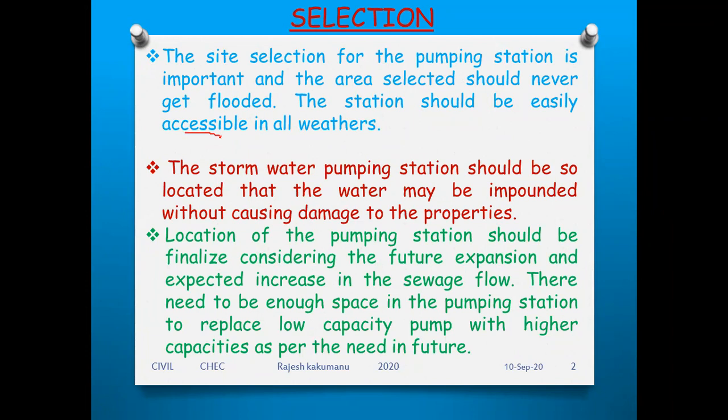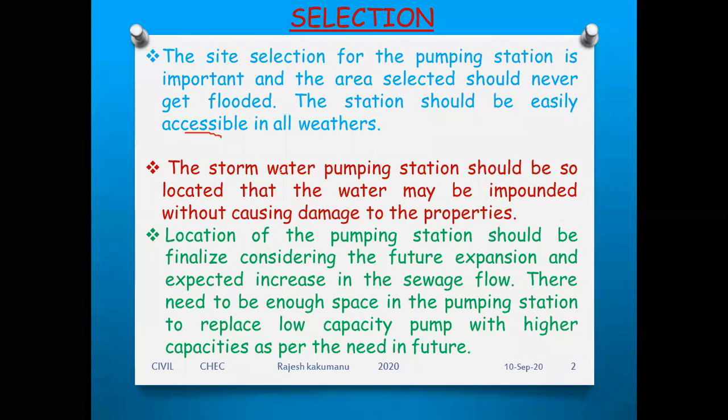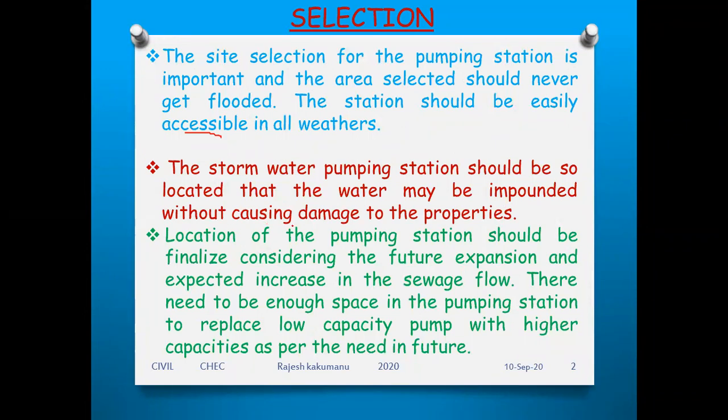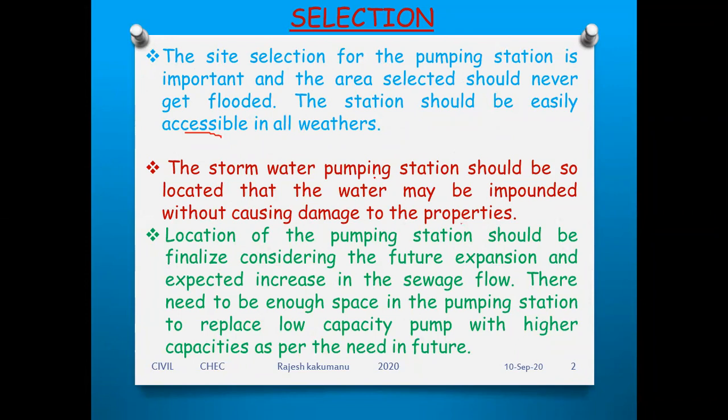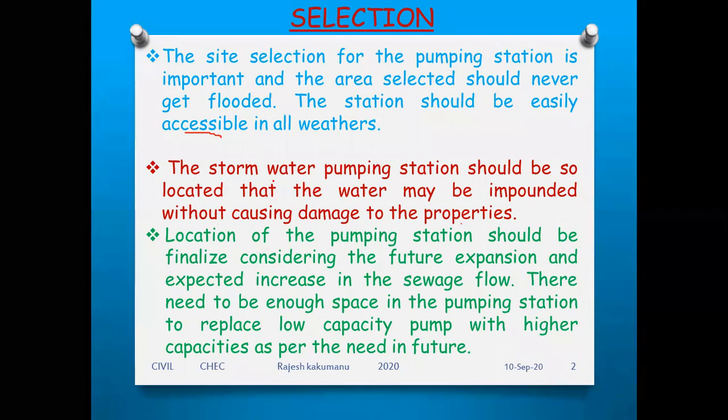Second one, storm water pumping. The storm water pumping station should be so located that the water may be impounded without causing damage to the properties. Whenever you are installing a pumping station for storm water, it should also be located at a proper location and should not cause any damage to the properties.